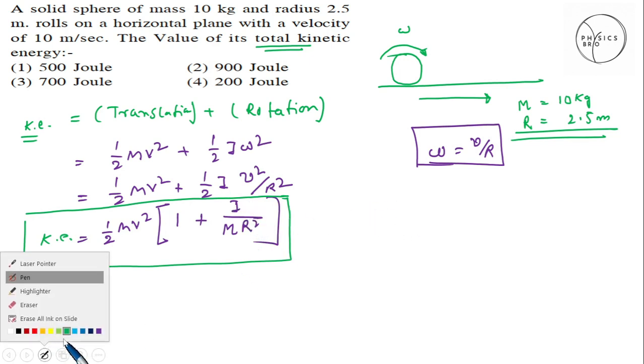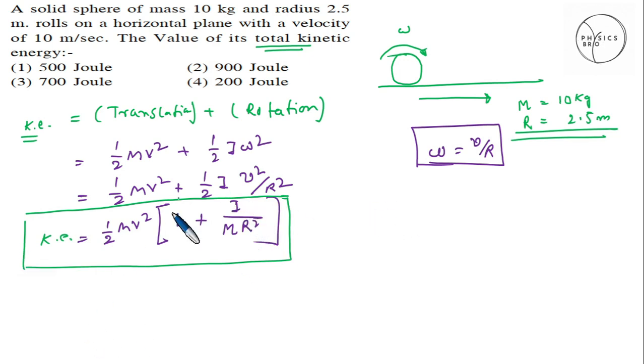So in this case, what will be the I? This is a solid sphere. So in case of a solid sphere, you will put I equals 2 by 5 m r square.